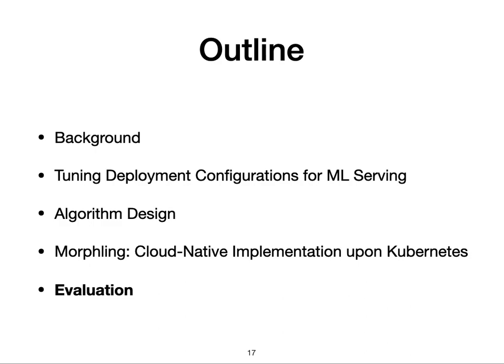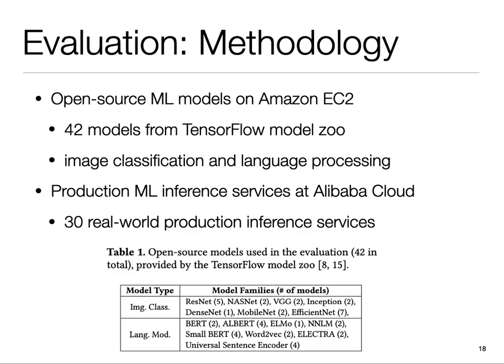For evaluation, we evaluate Morphling on Amazon EC2 with 42 popular open source models provided by the TensorFlow Model Zoo, such as image classification and language processing. Morphling has also been deployed in the Alibaba production cluster as the default auto-configuration service for efficient inference serving deployment.